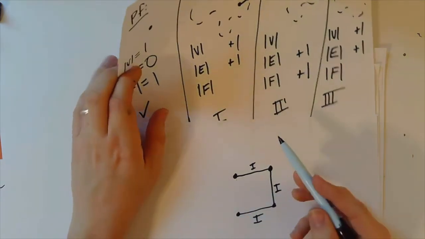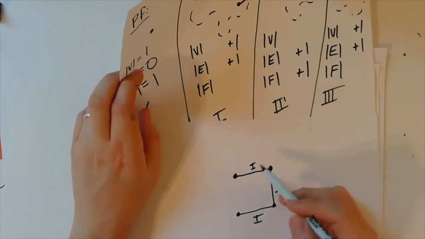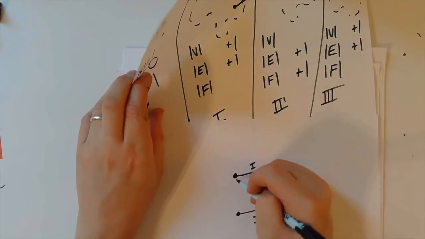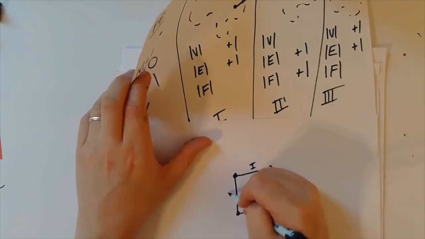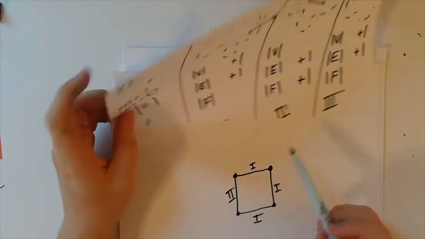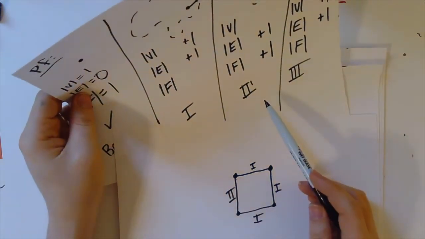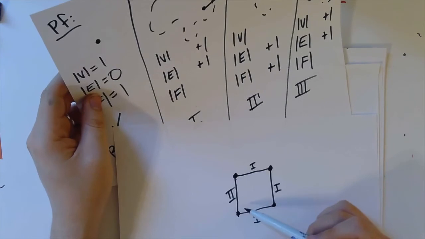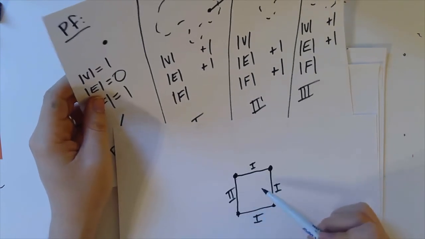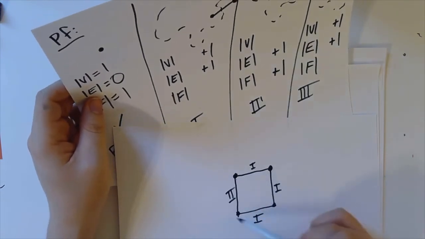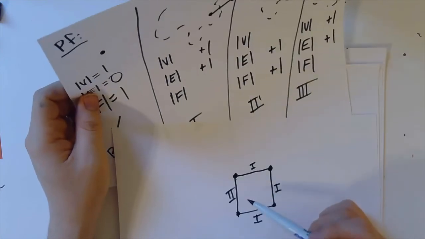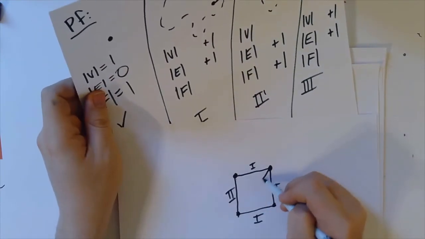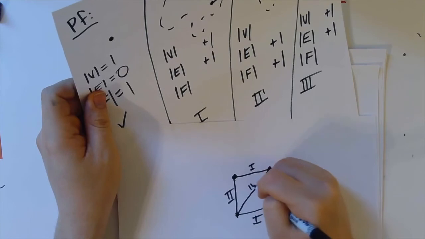But now, in order to continue, I have all the vertices, so I can't add any more vertices. But I can now add this edge. And so by inductive hypothesis 2, when I add this edge connecting 2 already existing vertices, it still satisfies Euler's theorem. Okay, then what else do I have to do? Well, I need an edge here. So that again is 2.